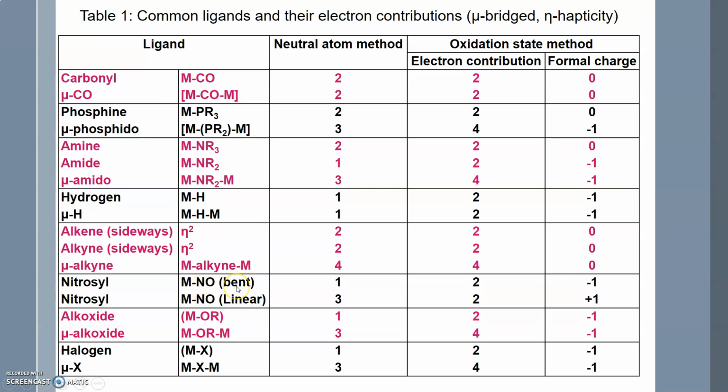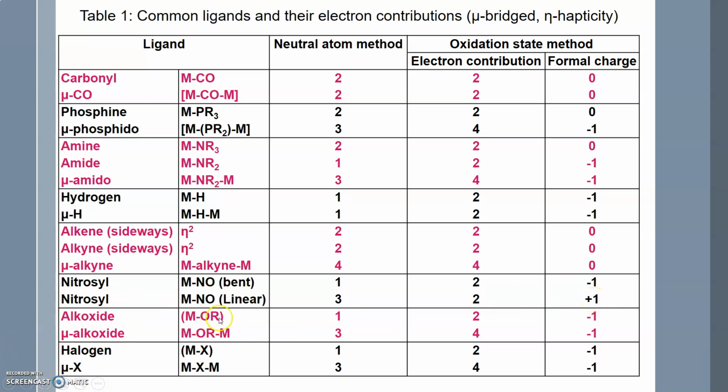When it shows the bent geometry as the mode of binding, then by the neutral atom method the electron count is 1, and when it is showing the linear mode of binding with the metal, then the electron contribution is 3 by neutral atom method. Here also we can see that when it is bent, the formal charge of the NO is -1, and when it is linear, then the formal charge on the NO is +1.